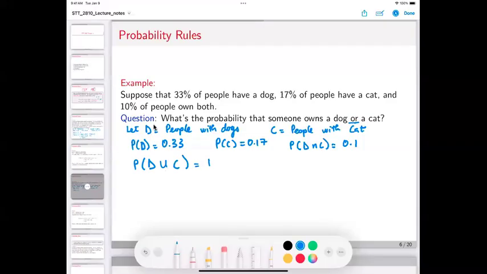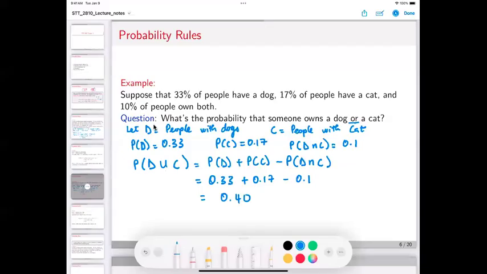And then the general addition rule says that probability of D plus probability of C minus probability of D intersection C. So this gives us 0.33 plus 0.17 minus 0.1. And that answer gives us what? 0.40, correct? Okay, so it means that 40% of the people own a dog or a cat. Is that okay?